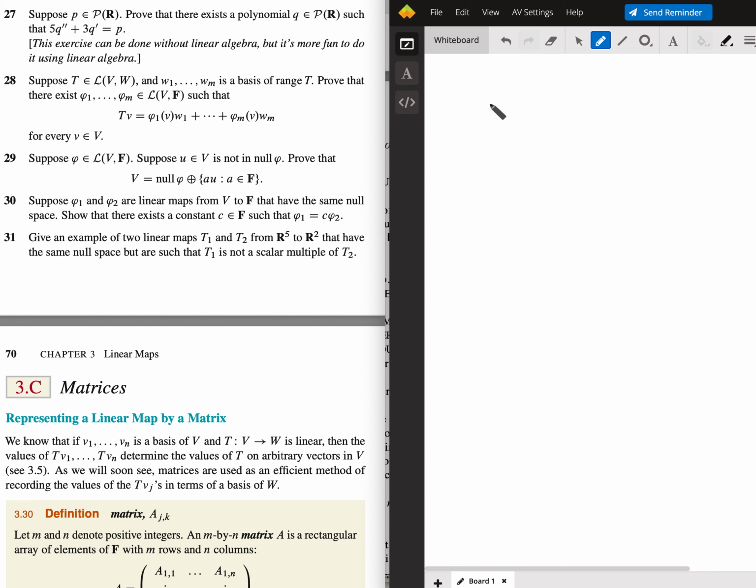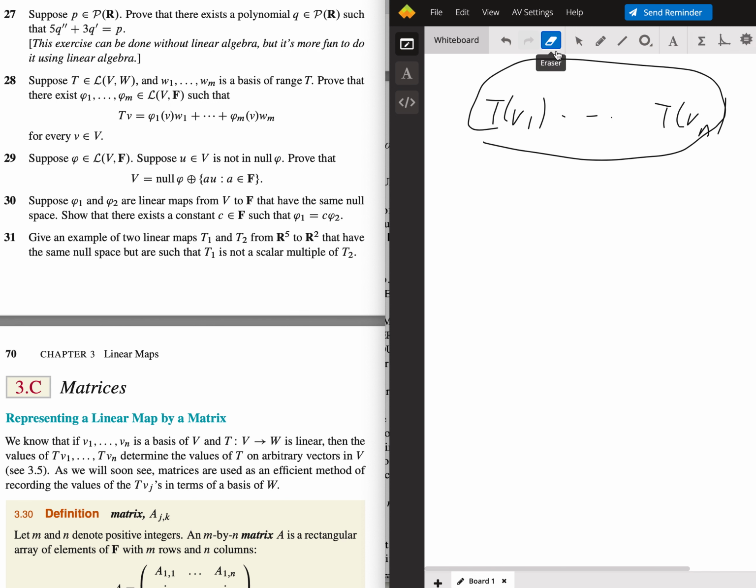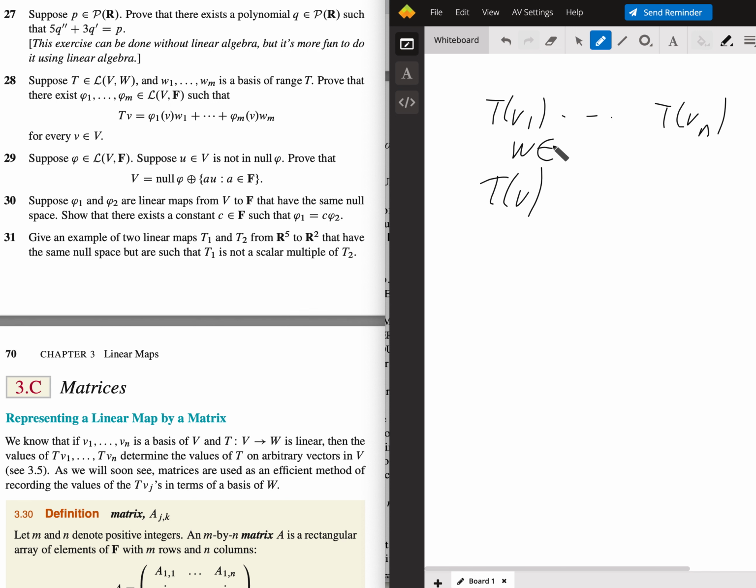That's quite interesting, because what these functions really are is just a way of telling you that once you have what T v1 through T vn is, you have a notion of how the entire linear transformation is going to work out, and you can describe every single element in the range of T as a linear combination of those things. Those things uniquely identify such a linear combination already.